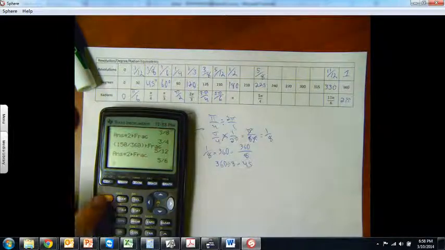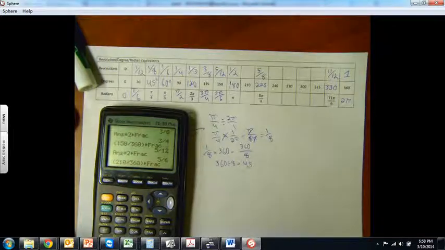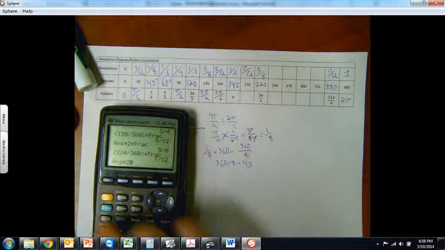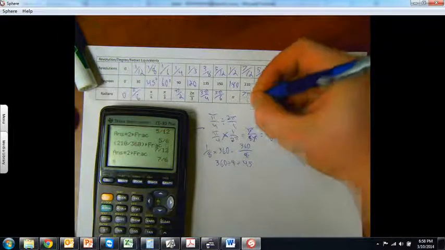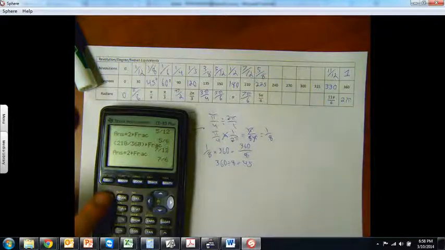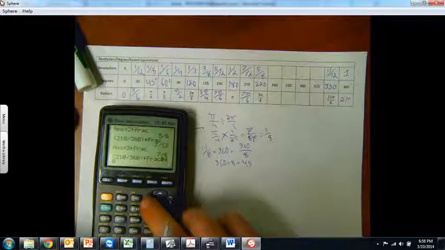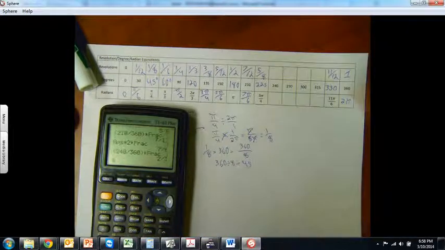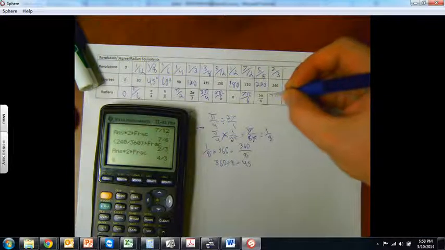Next one, 210, I get 7/12 times 2 to a fraction, I get 7 pi over 6. Next one, 240, whoops, I messed that up. 240 is just 2/3 times 2 to a fraction, 4 pi over 3.